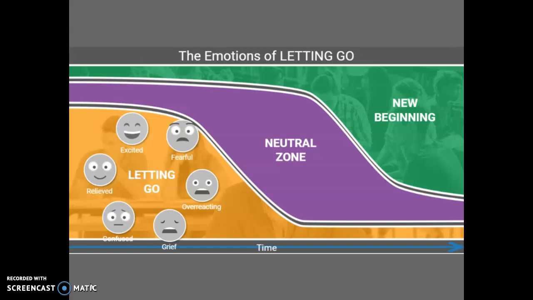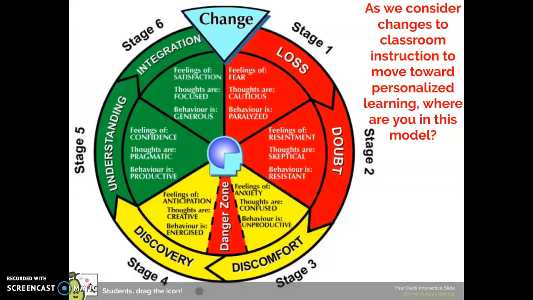And then you're going to have some that are just so relieved that we're going to be doing something different. At all points of our endeavor, we're going to be seeing that there are many people at different pieces of this level. It's okay for us to have students or teachers in different pieces of this platform as well. It is important to recognize the emotions that the teachers or the staff members are having and encourage them to move forward throughout time.